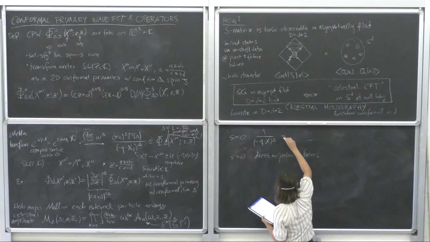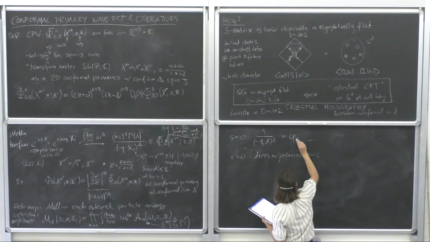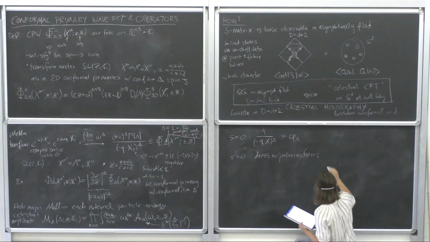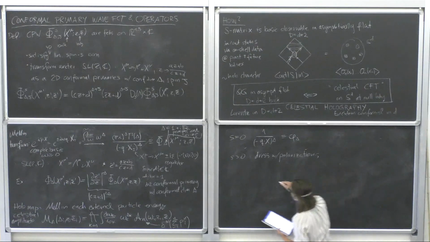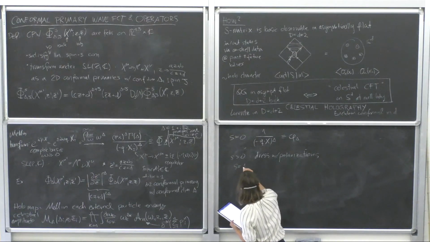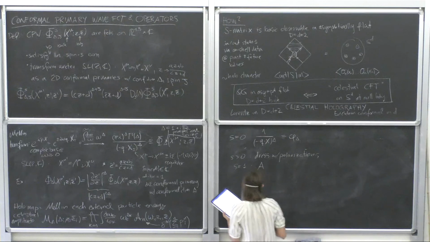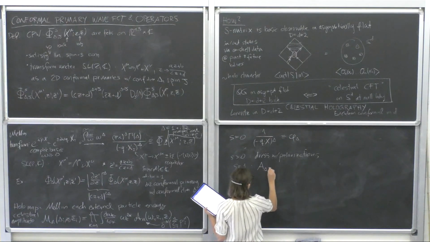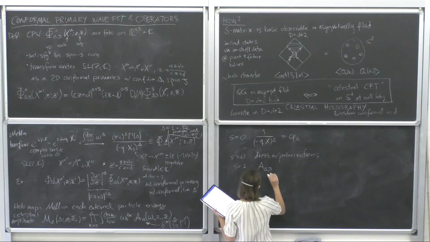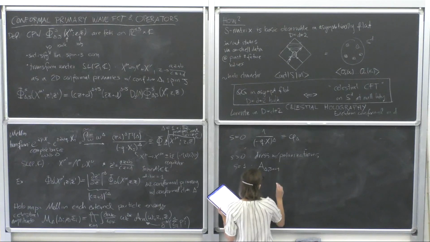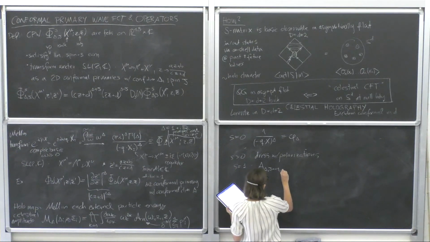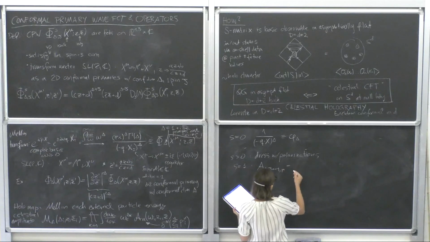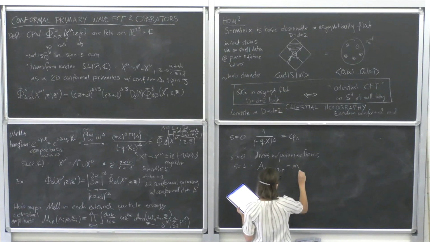So let me denote this here by little phi delta. And then let's say for spin 1, I get a conformal primary vector. For the one with plus spin, it has a space-time index as well. This will be given by some polarization vector. Let me denote it by epsilon^mu.